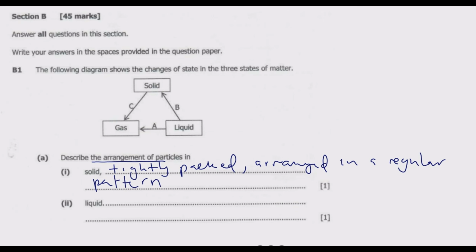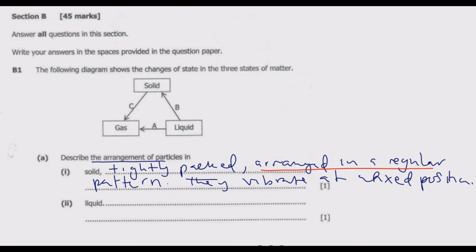So there is a pattern that they are arranged. So these are the key things that you find in the solid particles. So in terms of arrangement, they are arranged in a particular pattern. Just trying to explain to you how the arrangement in a regular pattern comes about.